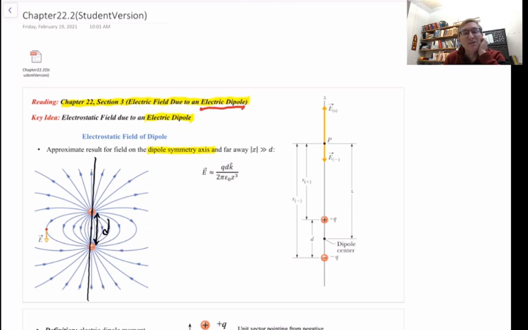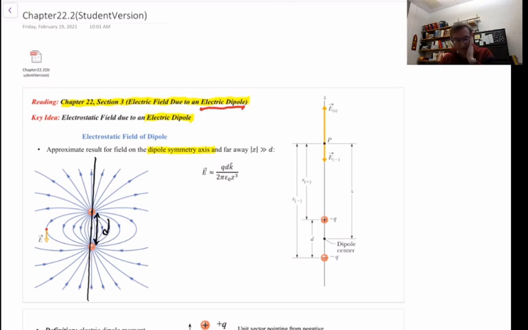And therefore, when you want to study the behavior of multiple molecules in a combination or a solution, you need to know the electric field that one molecule is creating and that the other molecules are immersed in. But molecules are small, and the other molecule may be quite some distance away compared to the distance d we're talking about in the molecule. So you're almost always interested in when you're far away from the dipole.